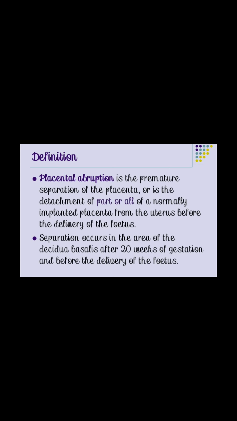Hiyo inaitwa placenta abruption. Separation occurs in the area of the decidua basalis after 20 weeks of gestation and before delivery of the fetus. Kikawaida separation huwa inakaa kwenye decidua basalis, kwenye endometrium, ambapo pia zinasaidia katika blood circulation. Hiyo ndio inaitwa placenta abruption.